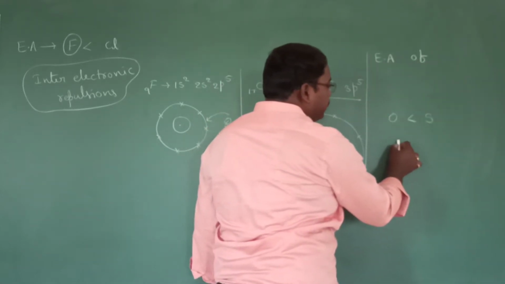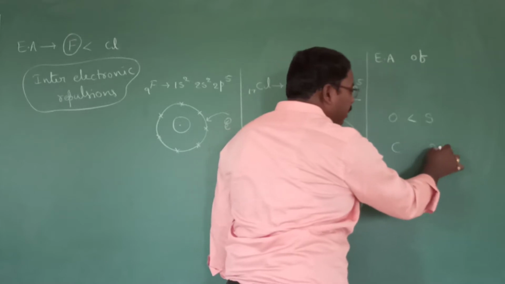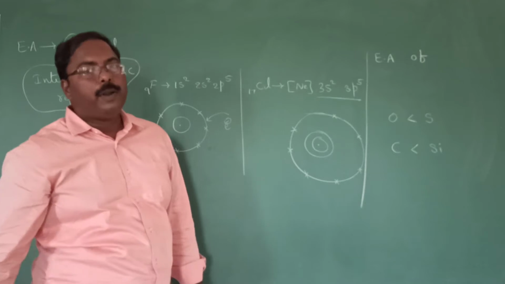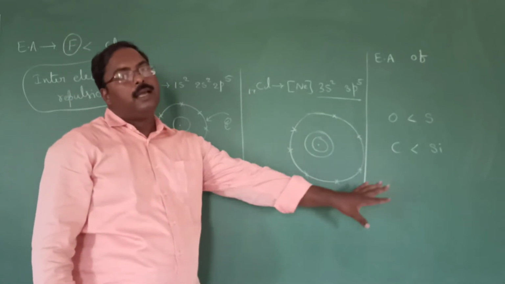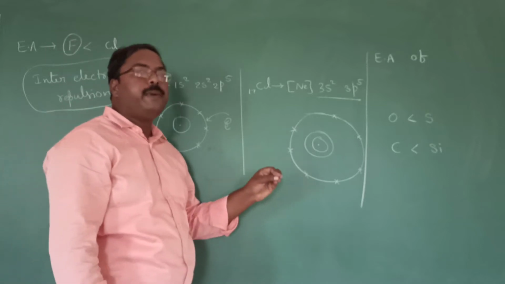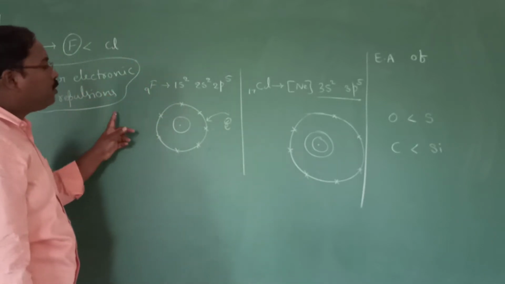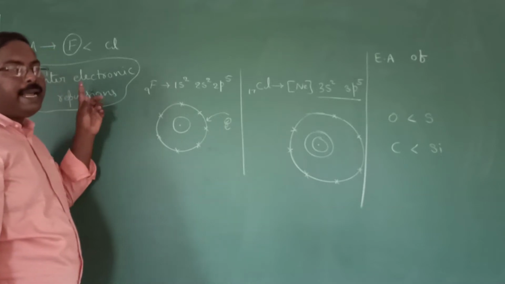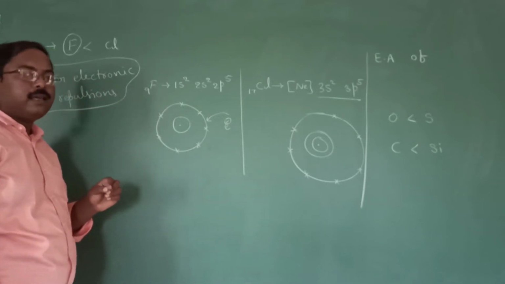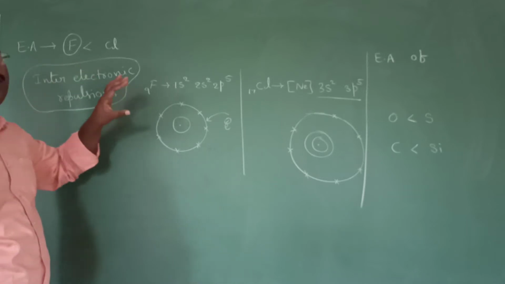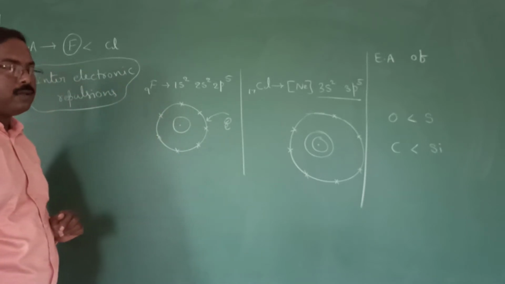The same way we observe for carbon and silicon. Same concept. Carbon also will have less electron affinity compared to silicon. All these exceptions are mainly due to their small size, they will have more inter-electronic repulsions. Right? So that is why they will have less electron affinity values.